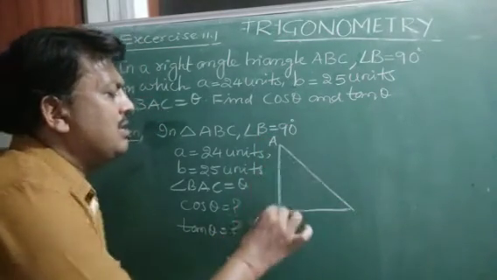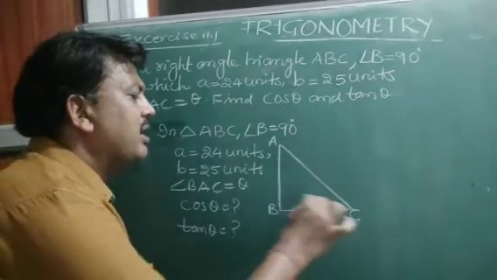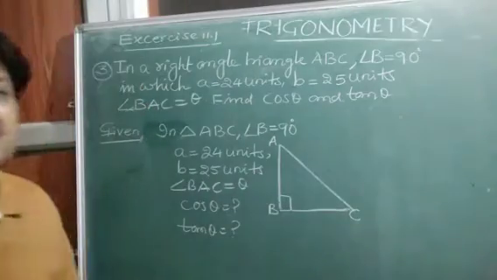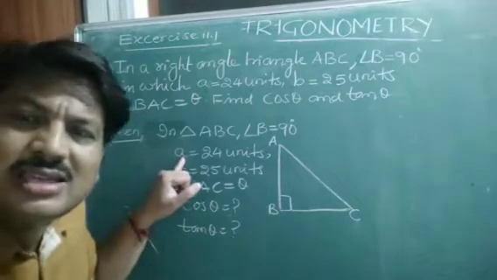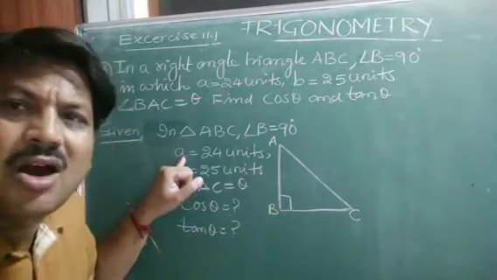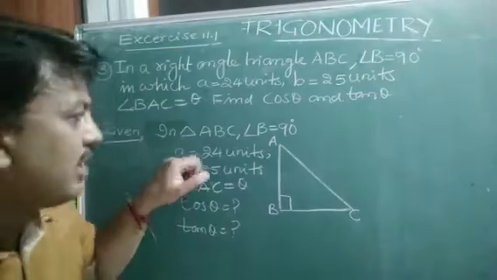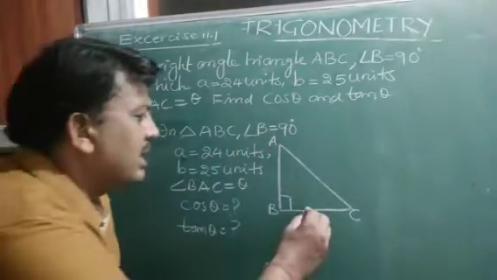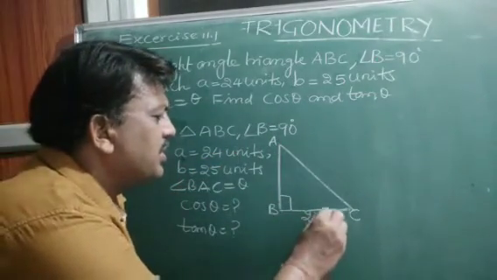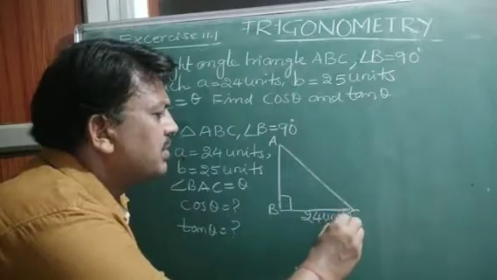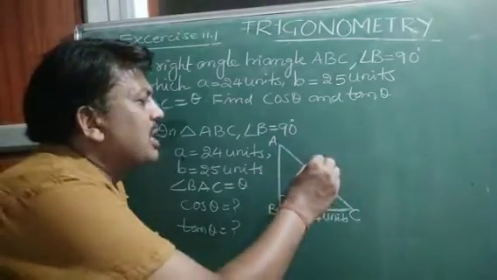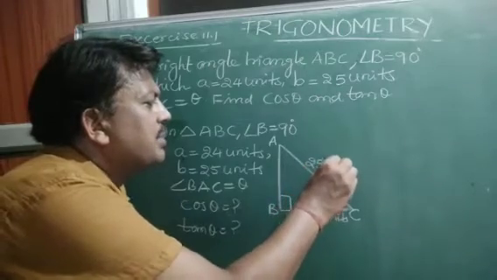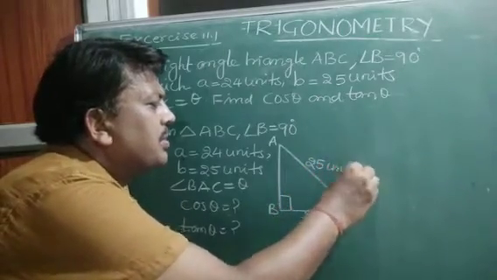Triangle ABC. Here angle B is 90 degrees, children. And small a is nothing but the side opposite to vertex A, that is 24 units. Small b is the side opposite to capital B, that is 25 units.